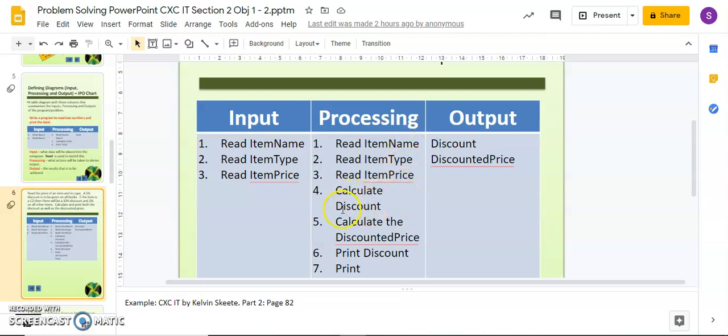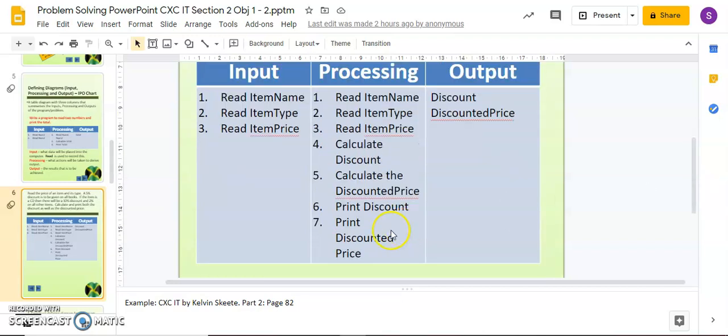Then the computer will calculate the discount, then calculate the discounted price and print the discount and the discounted price. This will be your output, and the keywords for output are print, display, write, and the list goes on.